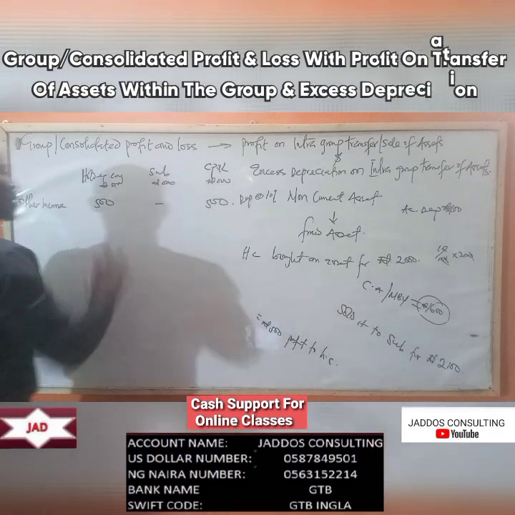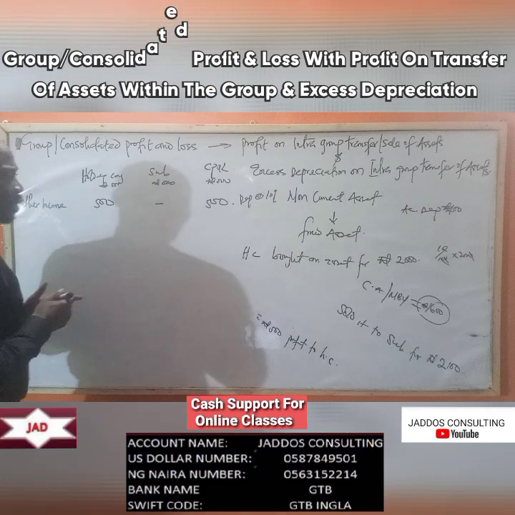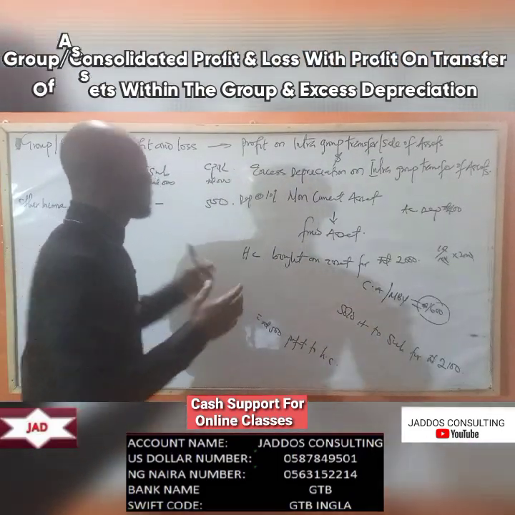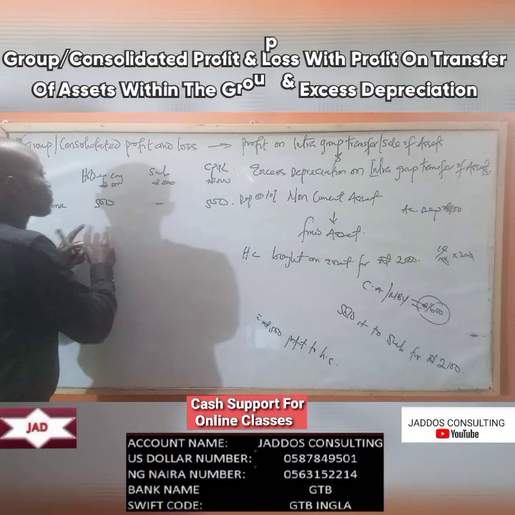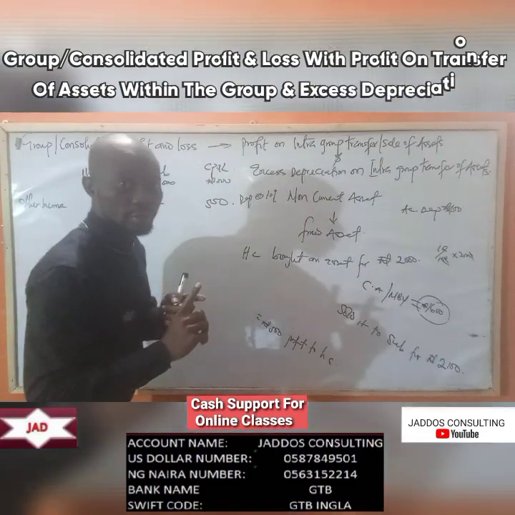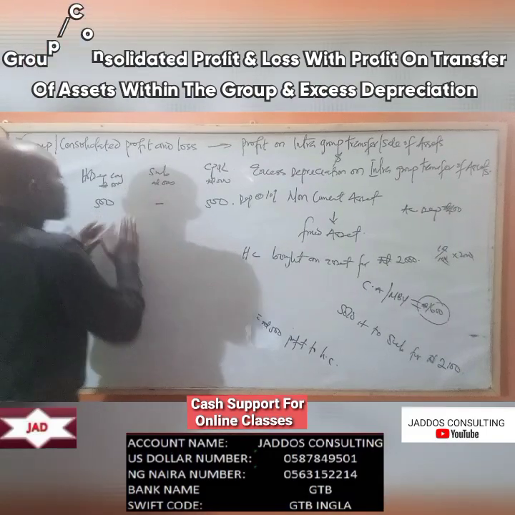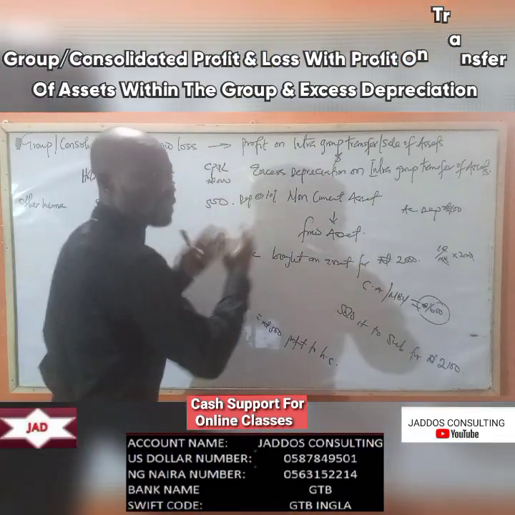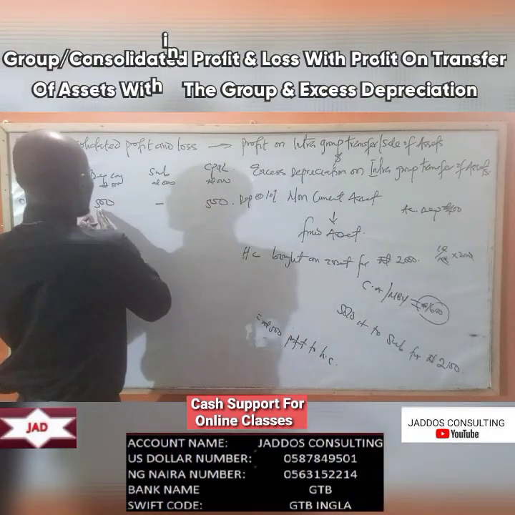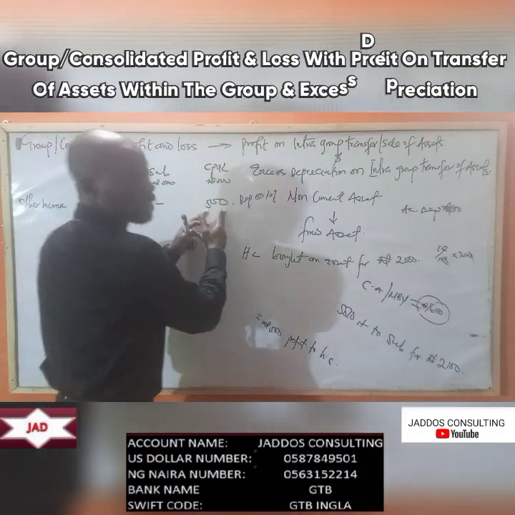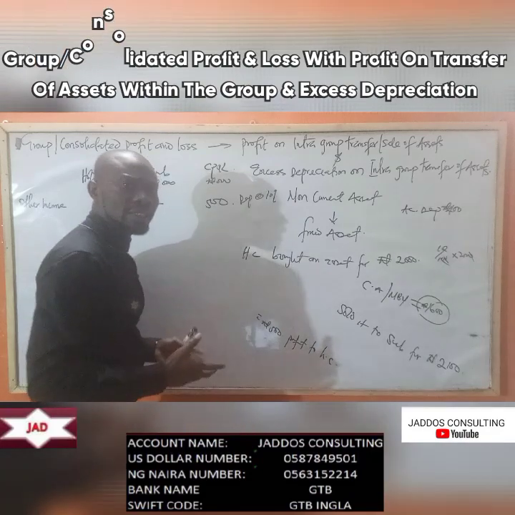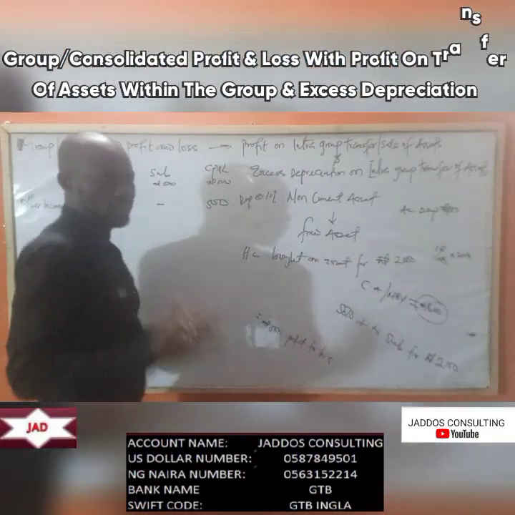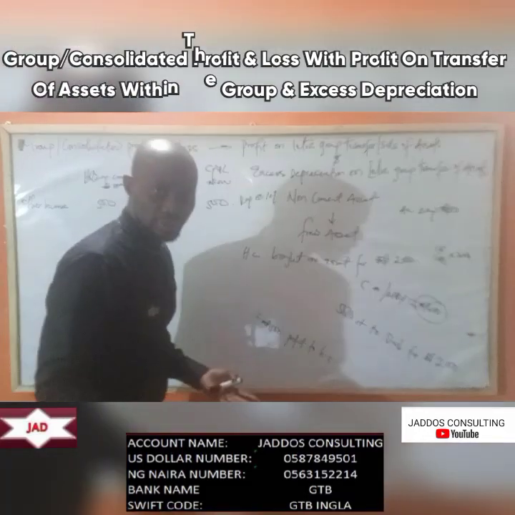But remember, at consolidation, we're trying to bring the income statements of the holding company and subsidiary to be one. So at separate entity level, this can stand. But at group level, I want to make them one. It will be this of the holding company plus that of the subsidiary. But are you going to make a profit on yourself? Because you cannot even sell to yourself.